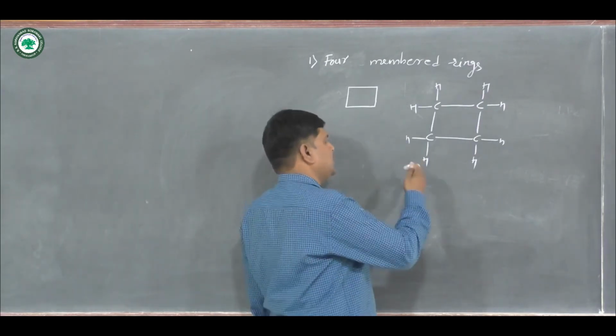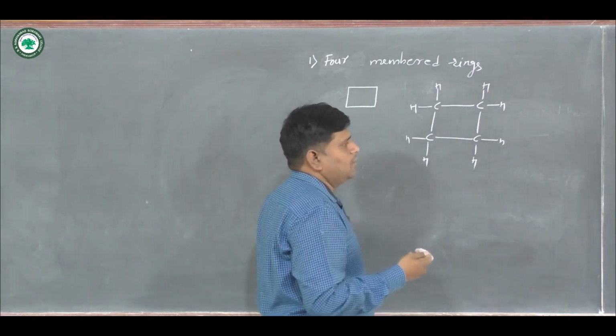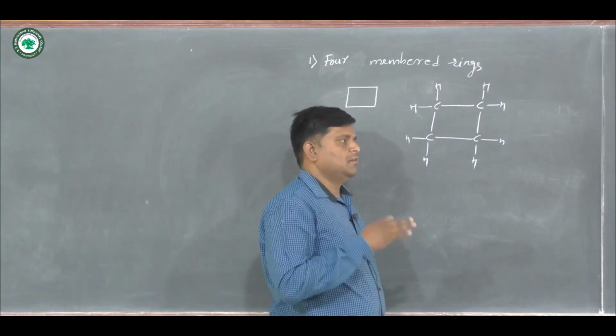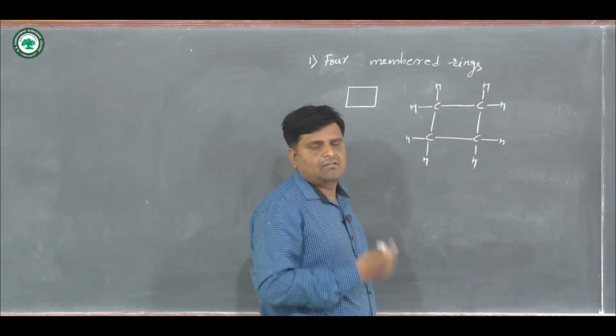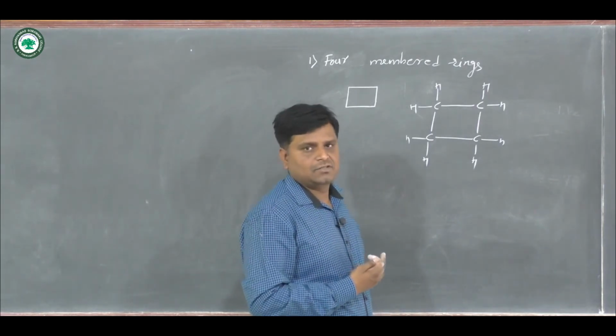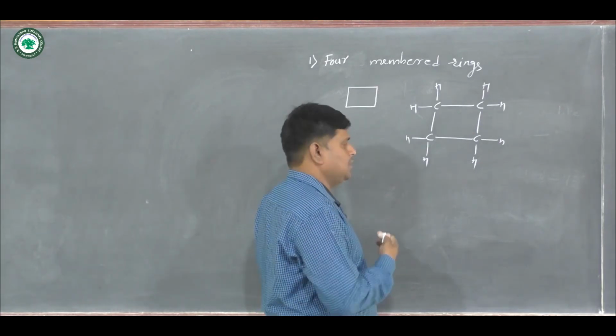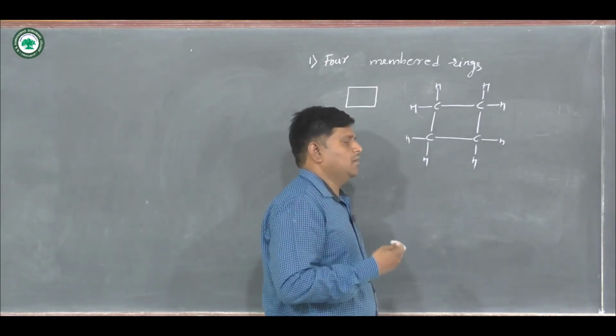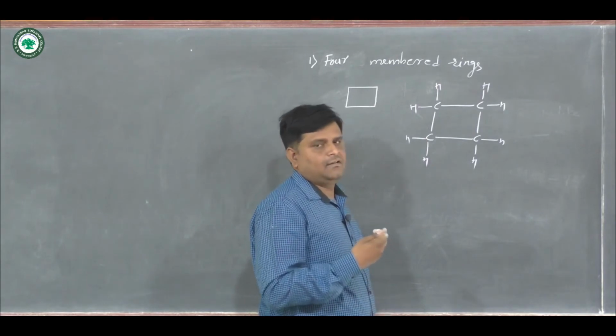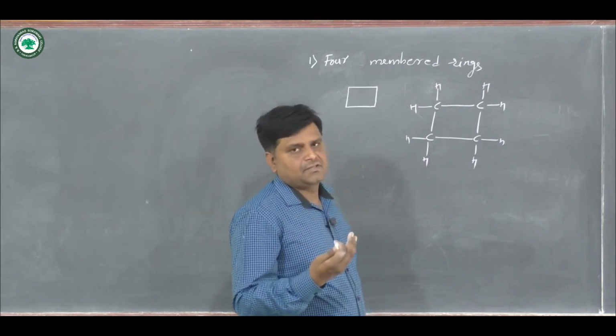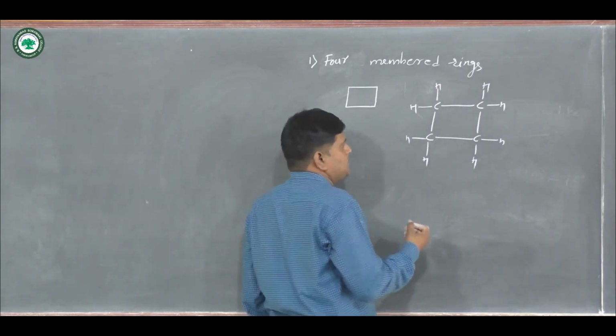It also contains bond angle strain, but that has less effect on the stability of the ring system, so we can ignore it compared to the eclipsing strain.